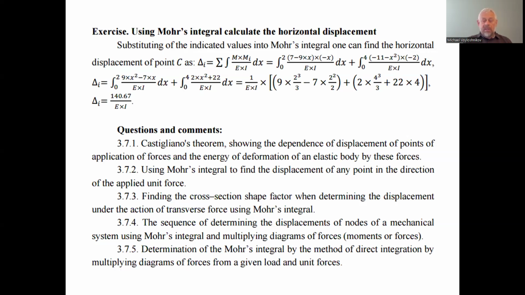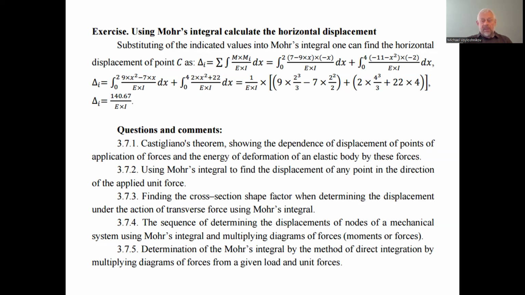We don't consider the displacement of the support points of the mechanical systems. For another point we can begin finding the displacement starting from this point in the direction to the support, assuming that the displacement of the support is zero.